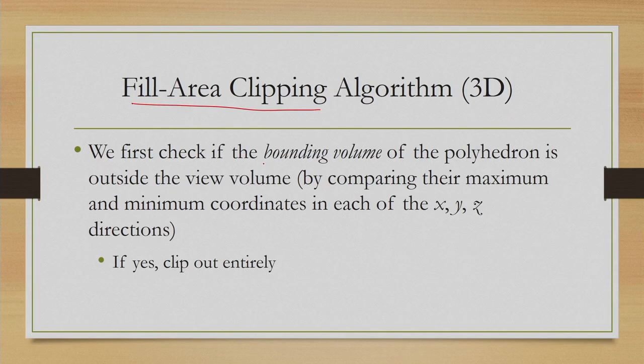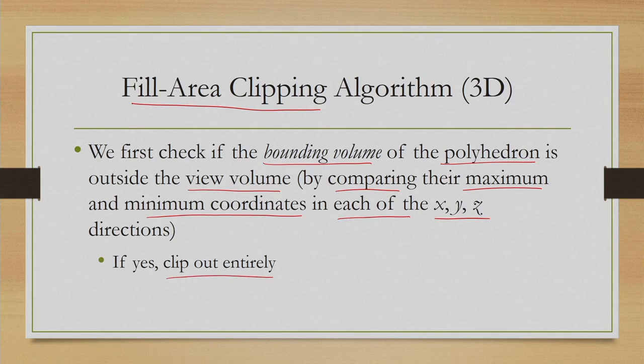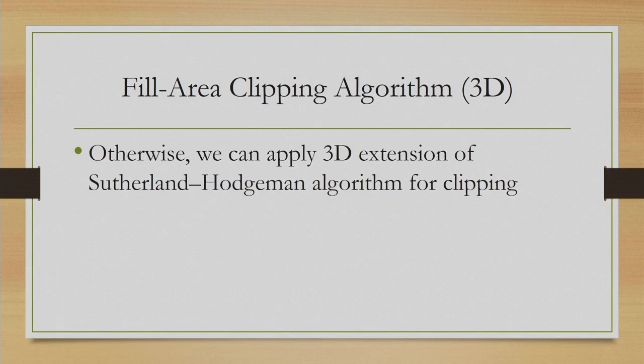We first check if the bounding volume of the polyhedron, that is the fill area, is outside the view volume, simply by comparing their maximum and minimum coordinate values in each of the x, y and z directions. If the bounding volume is outside, then we clip it out entirely. Otherwise, we apply the 3D extension of the Sutherland-Hodgeman algorithm for clipping.